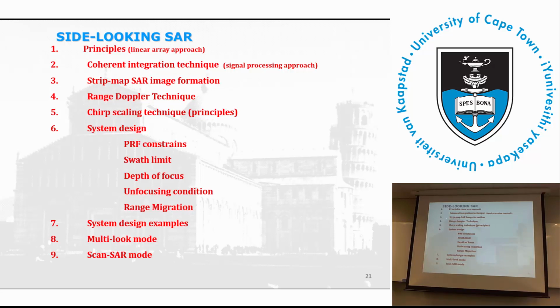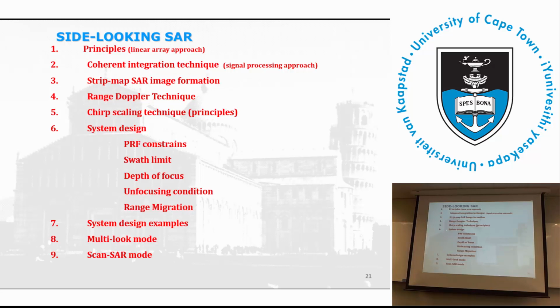We'll see how we can form images using this strip map technique, which makes use of this coherent integration technique as well. Then we look at another technique called range Doppler technique. The chirp scaling we'll skip for now and see if we have time. We'll do it later because it's quite a long and mathematical one.